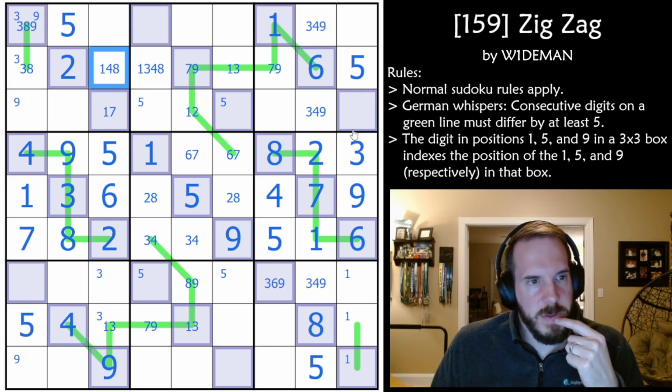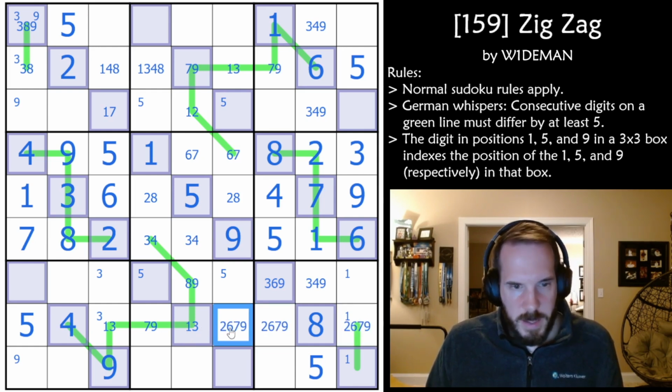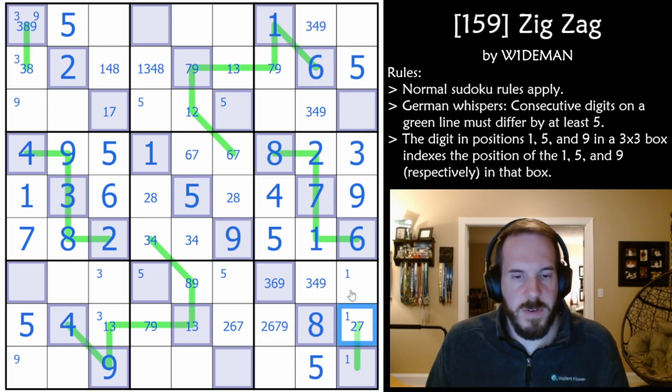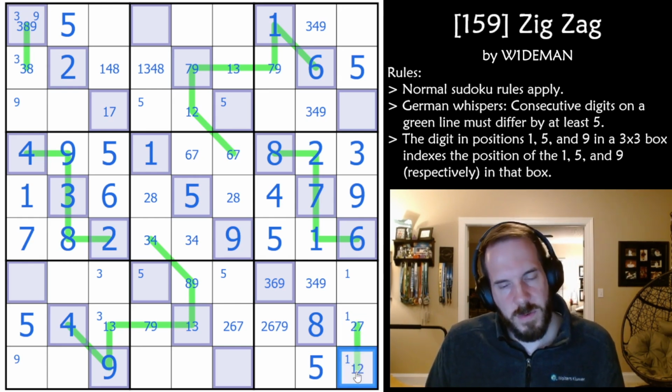I suspect we can do something similar down here, but so let's look at these cells. This can't be 1, 3, so we still need 2, 6, 7, 9. That can't be 9. And this can't be 6 or 9, so that's 2 or 7. If this is a 7, this is a 1 or a 2.